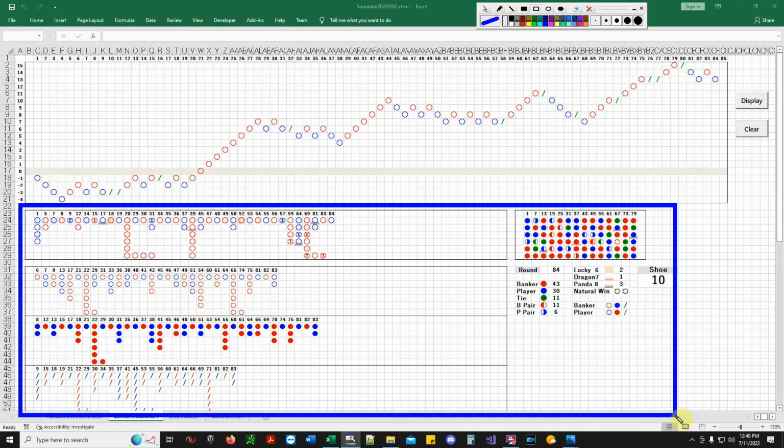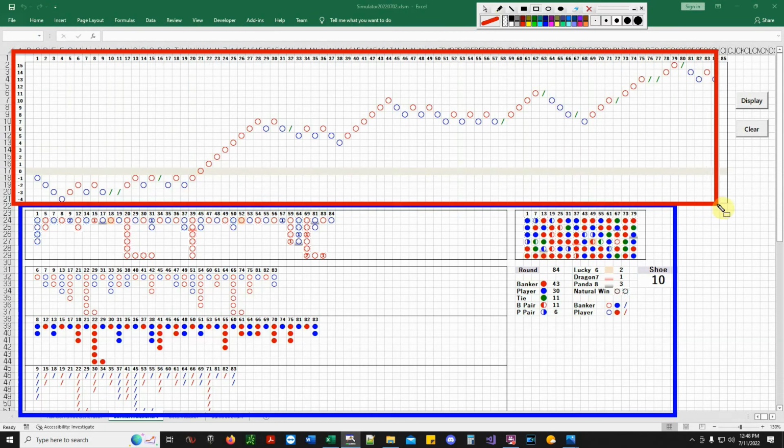This is all we see in a casino. The chart above that, this chart right here, you have no idea exists if you're not charting it yourself. That's what you call a banker index chart.